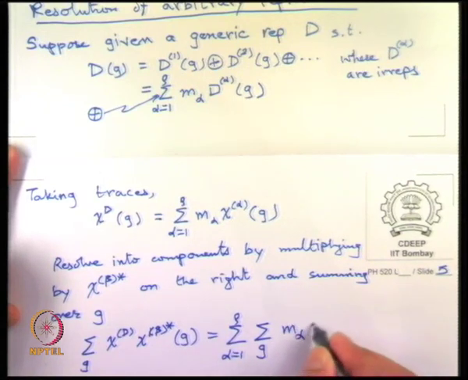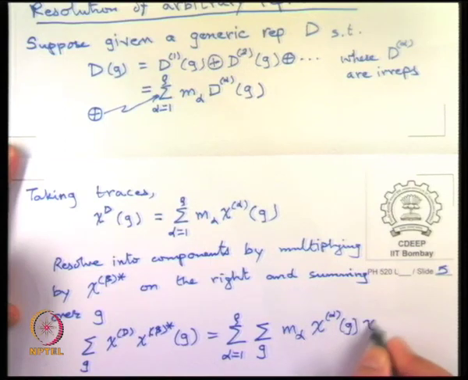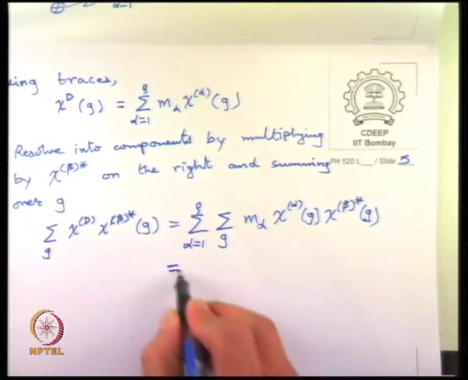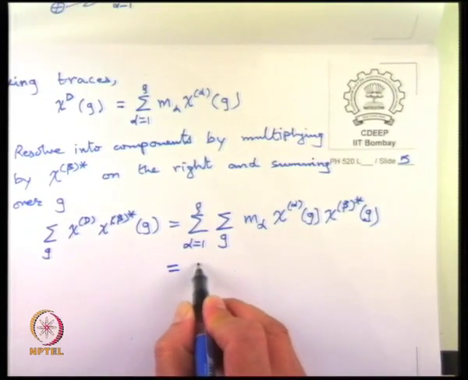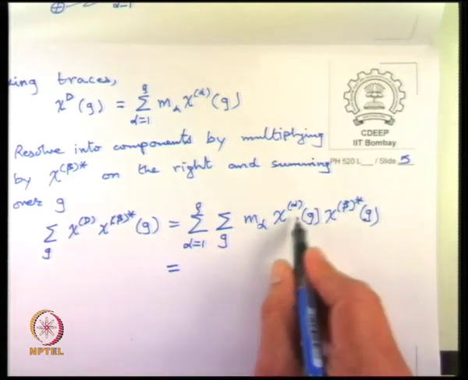M alpha, but that produces delta alpha beta.